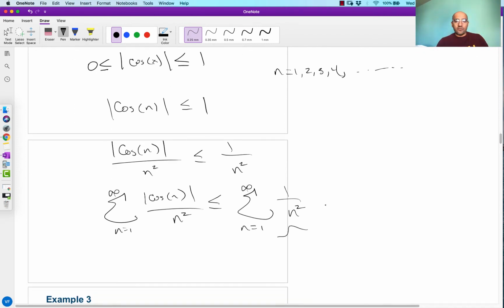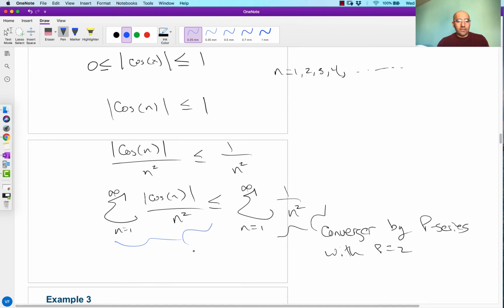And this one converges by the p-series with p equal to 2. So this is convergent. Therefore, that must mean that this guy must be convergent, right? So several steps here. Now we must conclude that this guy must converge as well by the comparison test.